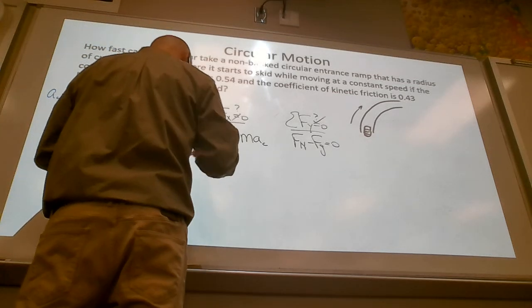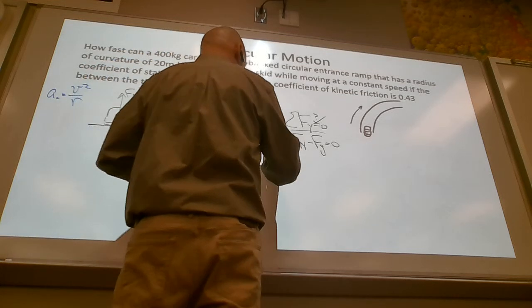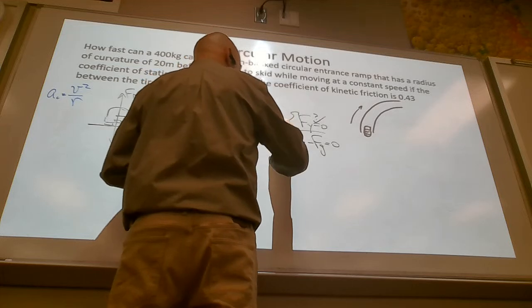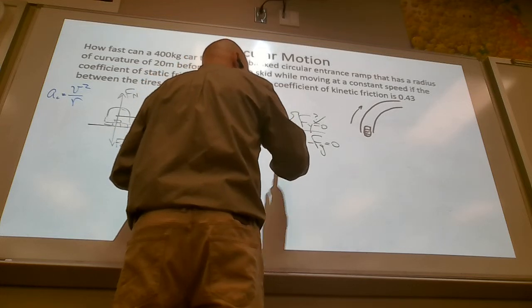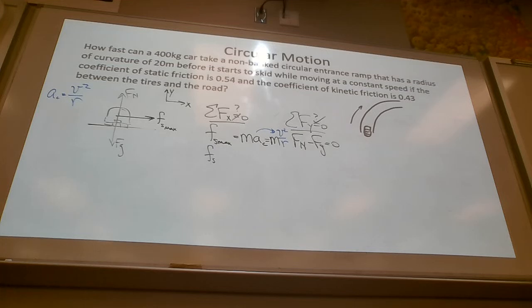So mass times speed squared over the radius, unless I ask for acceleration explicitly. But usually I'm going to ask for speed or radius or something.